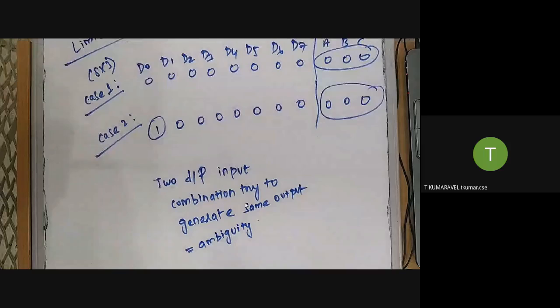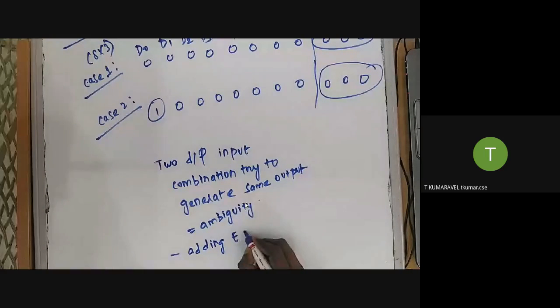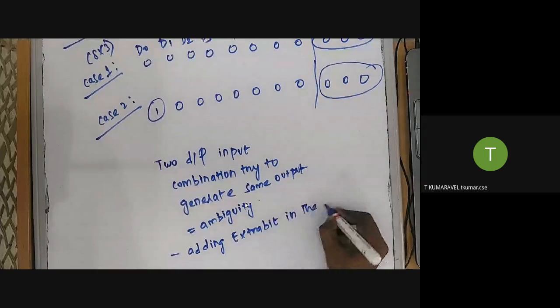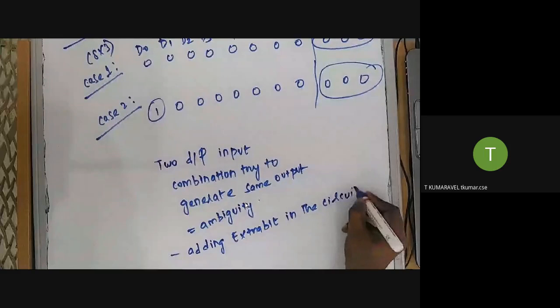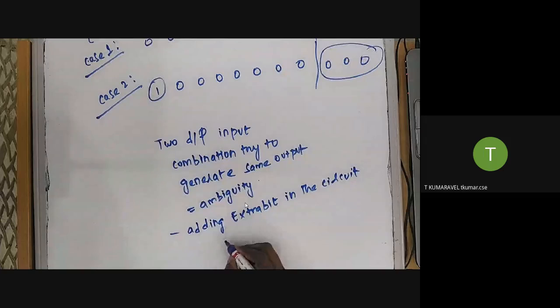How do we avoid this problem? We add an extra bit in the circuit, which we call V. Suppose the V value equals 1.